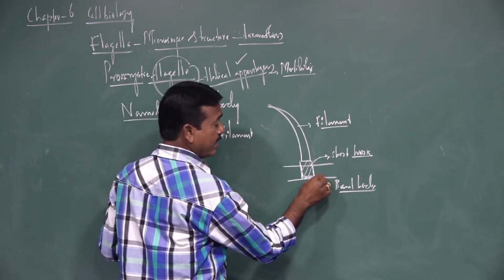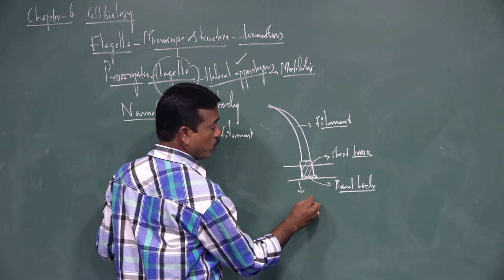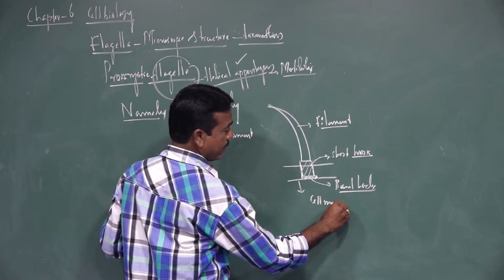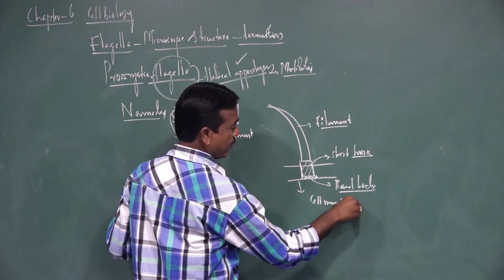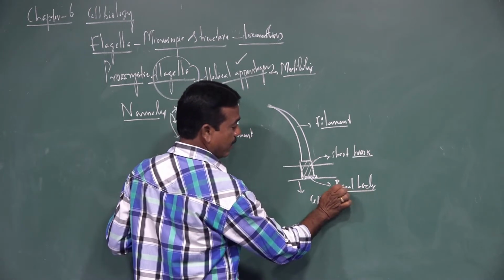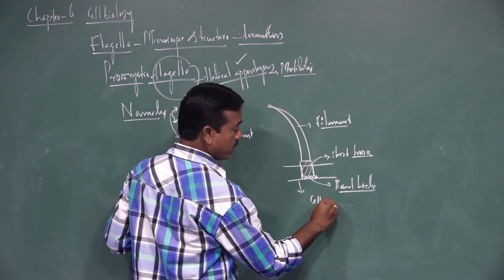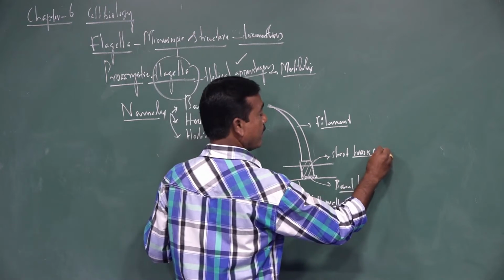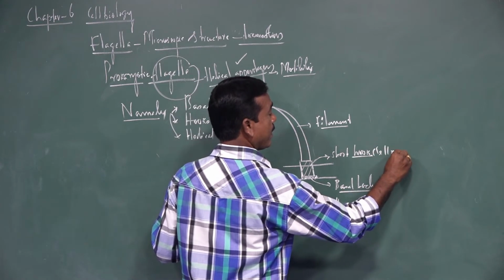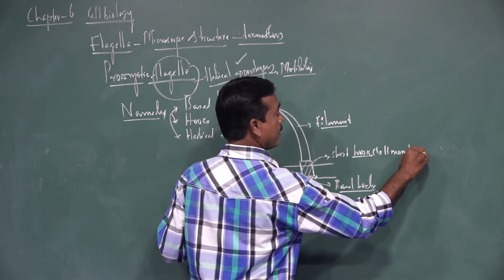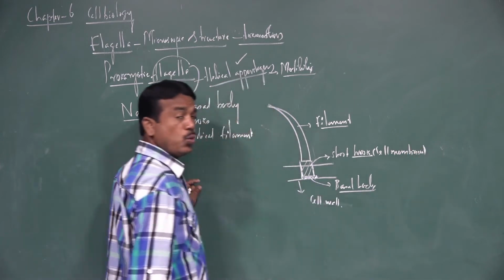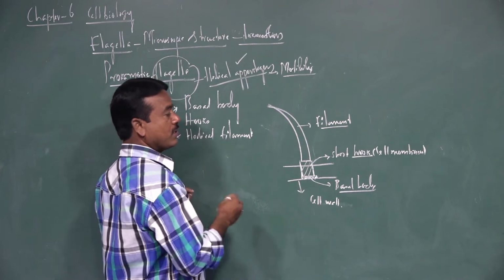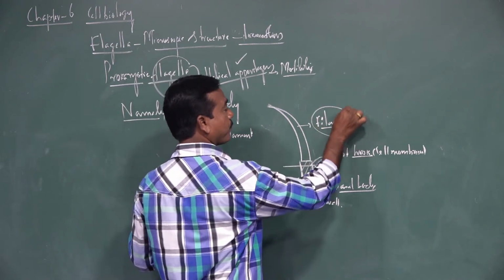The basal body is generally attached to the cell membrane and the cell wall. The hook is always attached to the cell membrane. From the hook, an extension projection is produced, commonly called a filament.